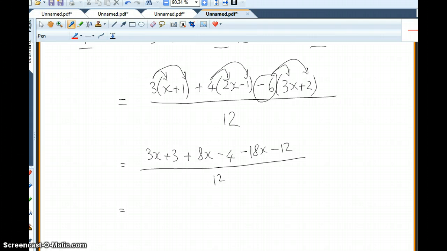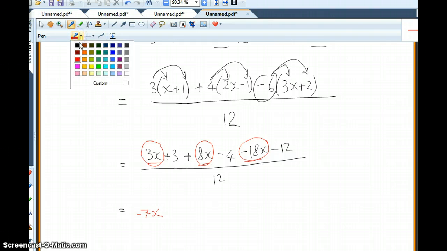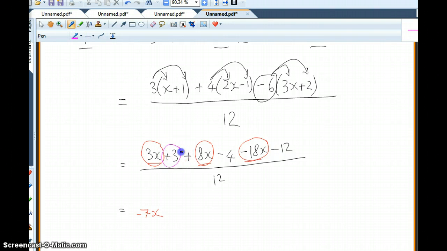I'm just going to circle things that are common or the animals are the same. What's 3 plus 8? Minus 18? Negative 7. Again, these things are the same.